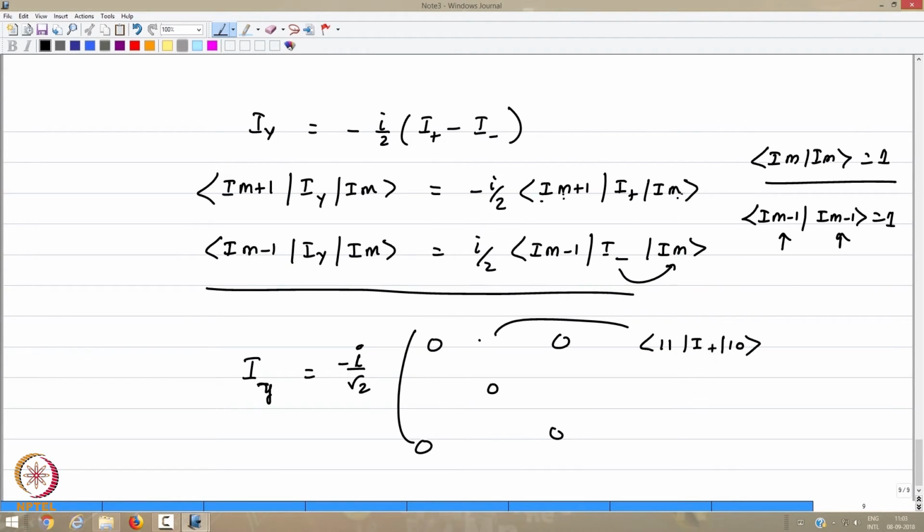With m is 0, then you have that, and therefore, the corresponding value will be, there is a minus I by root 2 already taken out, so this is 1, this will be 1, this will be minus 1, this will be minus 1. So, this is the representation. You can calculate it based on this formula.